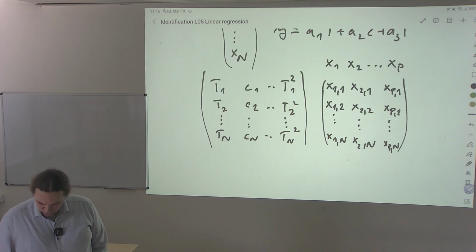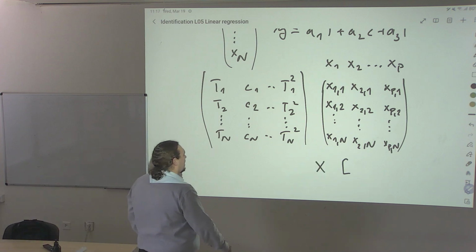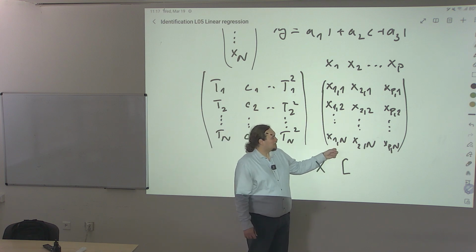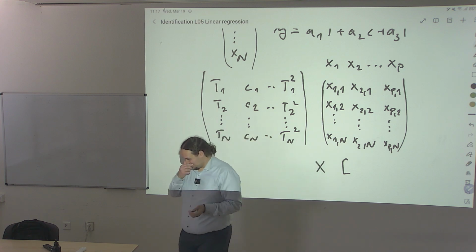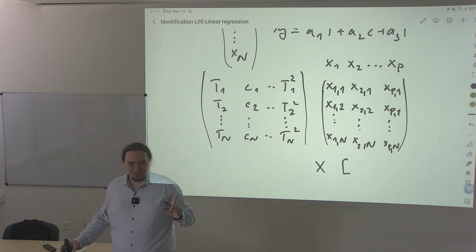And what we get by this? Well, we basically get the matrix. We will call it capital X. So just to see whether you are completely gone for good for today, what are the dimensions of this matrix?